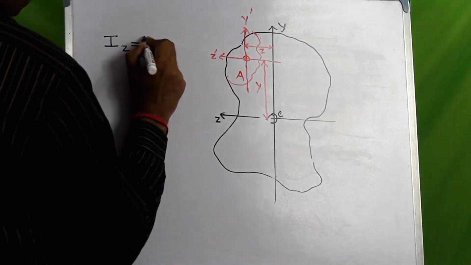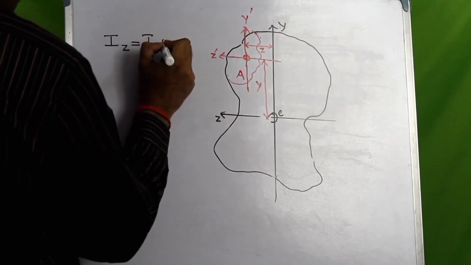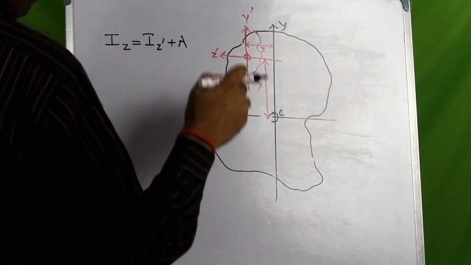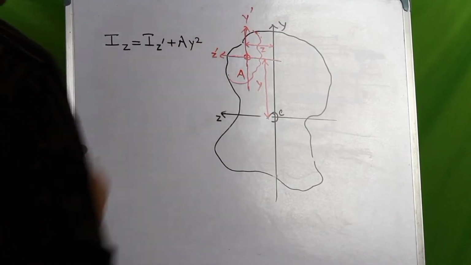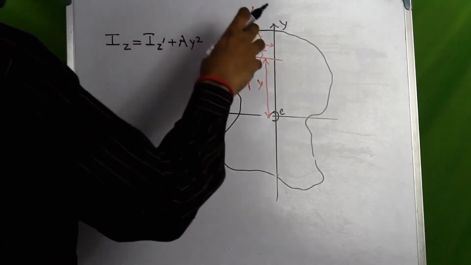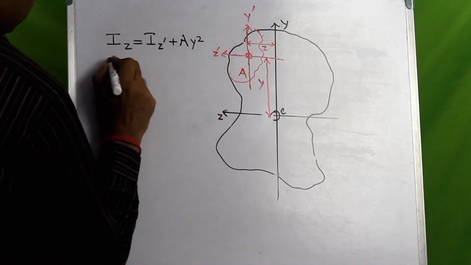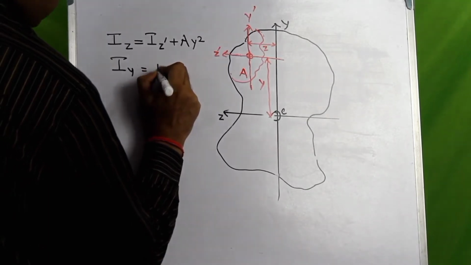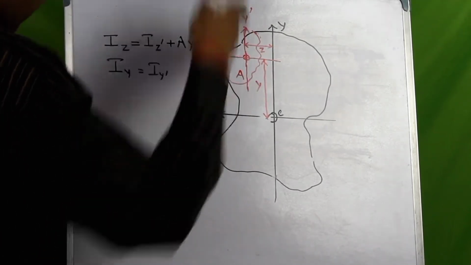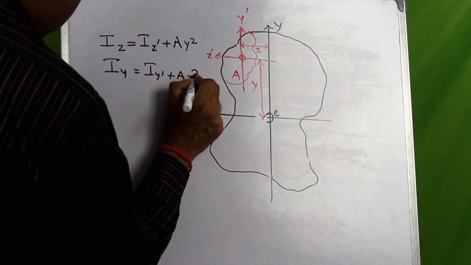It would be given as the moment of inertia of this partial area about its own centroidal axis z dash, plus the area A times the square of the distance between these two axes, so A y squared. Similarly, the contribution of this partial area to the moment of inertia about the y-axis, Iy, will be Iy dash, the moment of inertia of this partial area about its own centroidal vertical axis, plus the area times the square of the distance between the two axes.